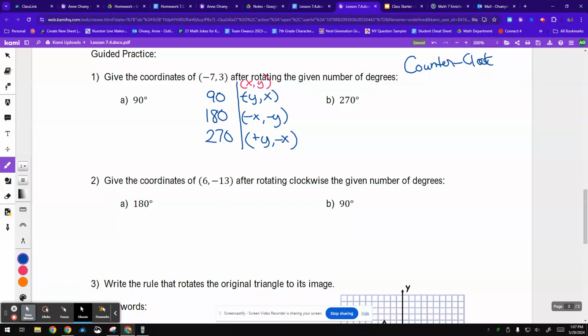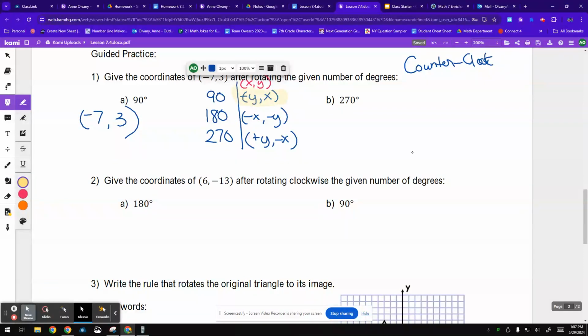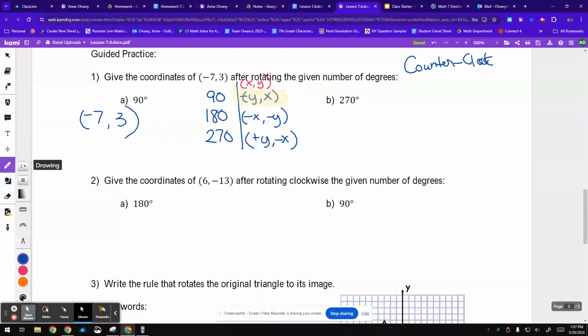So now, if I want to take the point negative 7, 3, and rotate it 90 degrees, I'm going to use this rule. I've written them all out because that helps my brain. So I'm going to take the y and move it to the front and make it negative.